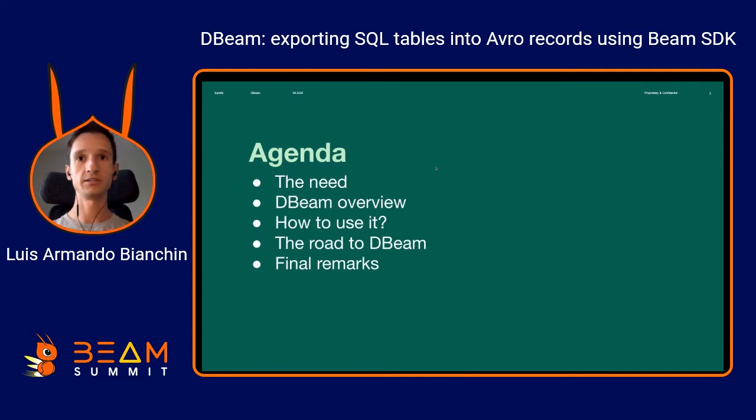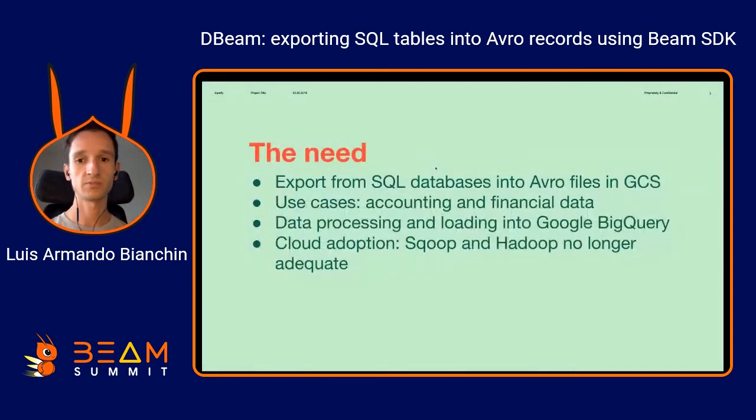So in this talk, we're going to go through the need for DBeam, an overview of what it is, how to use it, our road to build DBeam, and some final remarks. At Spotify, since we moved to Google Cloud in about 2017, we started using Beam SDK and also Google Dataflow for data processing.